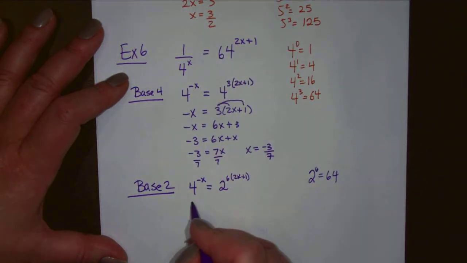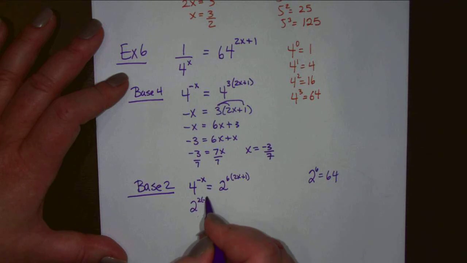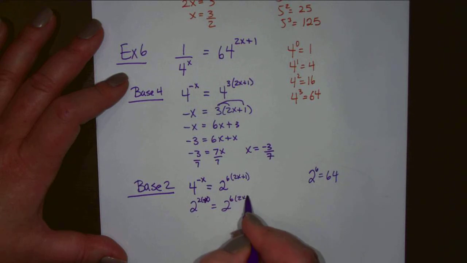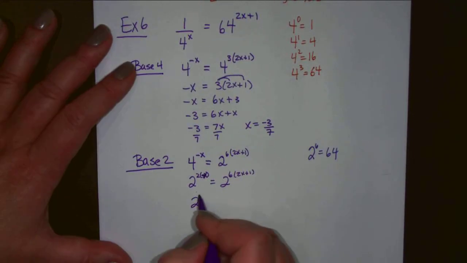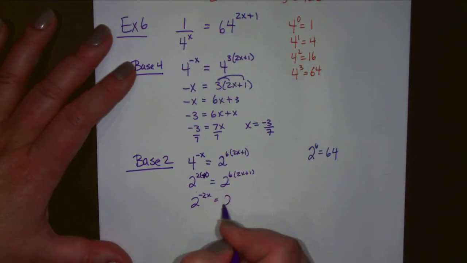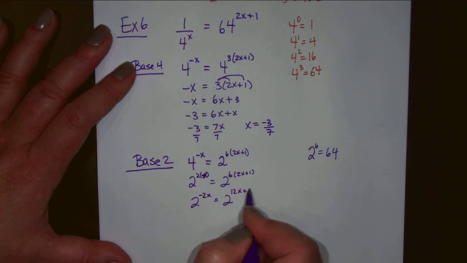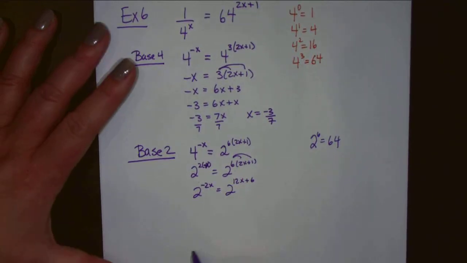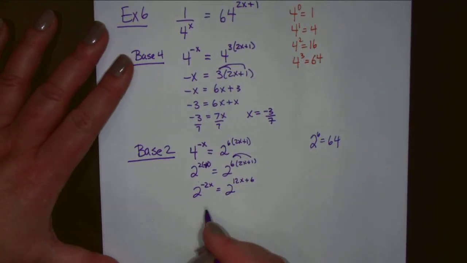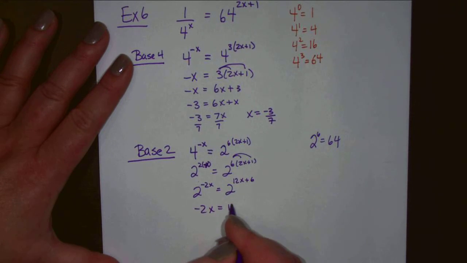This is 2 squared. 2 times minus x. So this is 2 to the minus 2x, and this is 2 to the 12x plus 6, if you multiply that out. And then the same thing, so minus 2x equals 12x plus 6.